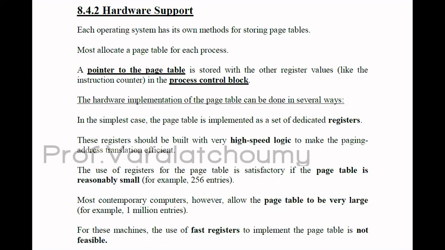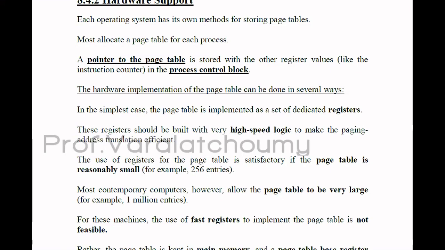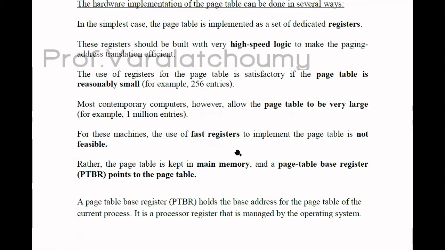So if a certain operating system decides upon taking up the registers as a storage medium for the page table, then the registers need to be very high speed logic registers. Another drawback of using registers for the page table entries is the size of the page table.